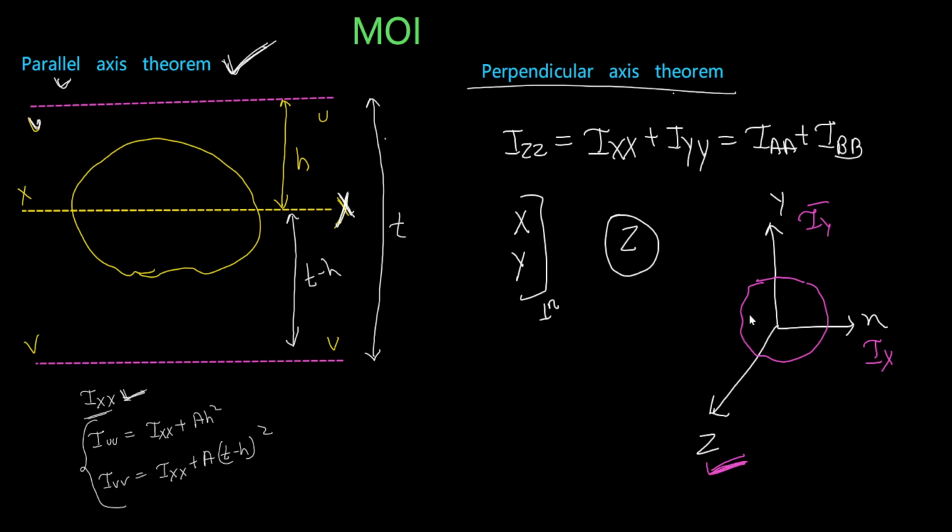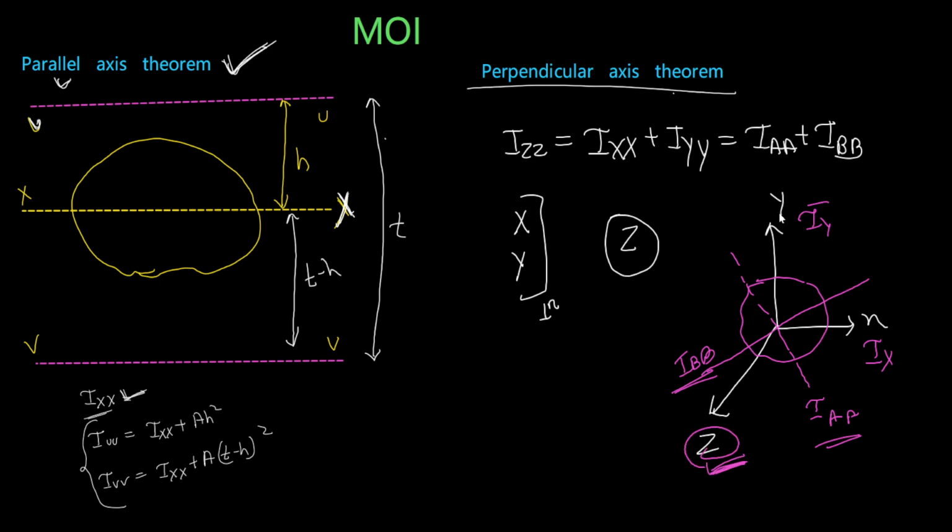Or you have another two axes, suppose in this direction it's Iaa, and another, that is Ibb. If you know Iaa, Ibb, then you can calculate about z as well.